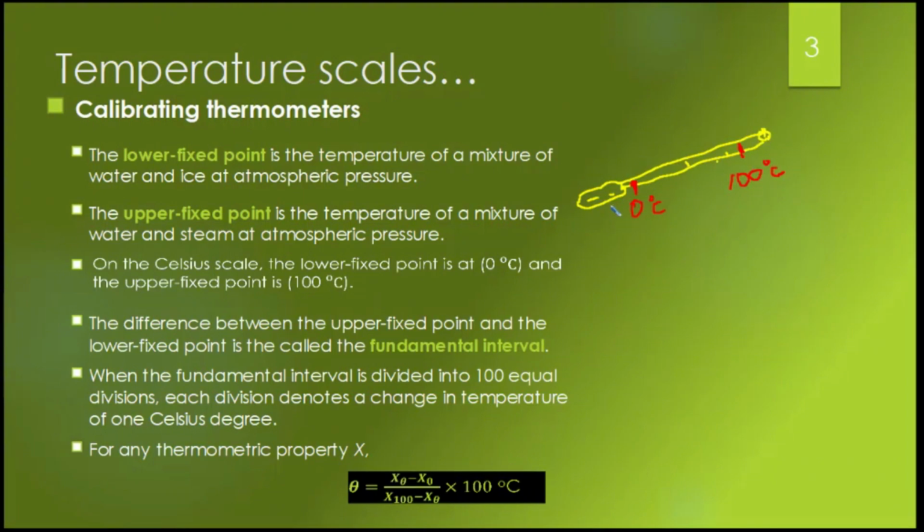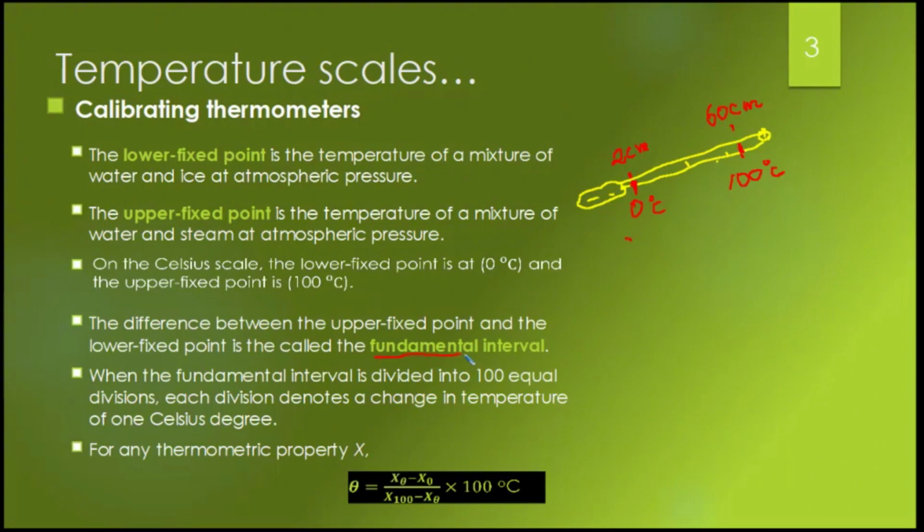When you mark this, let's say at this position it is 2 centimeters, and at this position the height is let's say 60 centimeters. The difference between these two is what we call the fundamental interval.